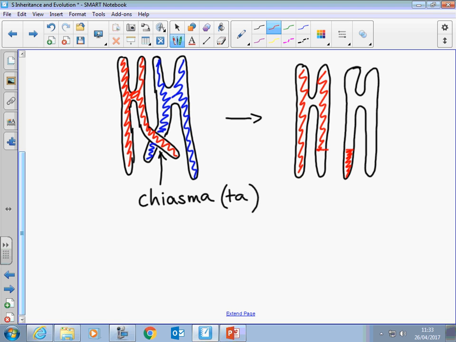Its red bit went over there. And so this is how we then end up with our new combinations. So this process of crossing over, very important. So we've now got 4 different chromatids there. We had 2 red ones, 2 blue ones, but now we've got 1 mostly red with a bit of blue, 1 blue one, and 1 mostly blue with a bit of red.